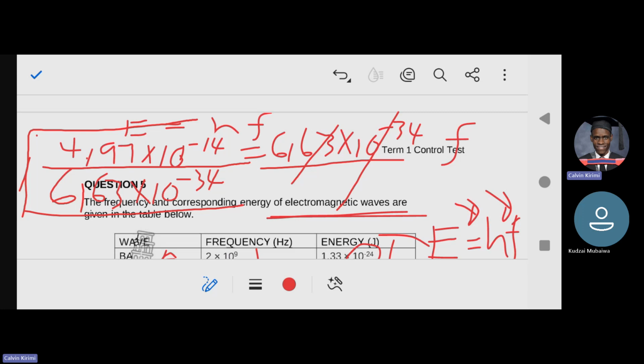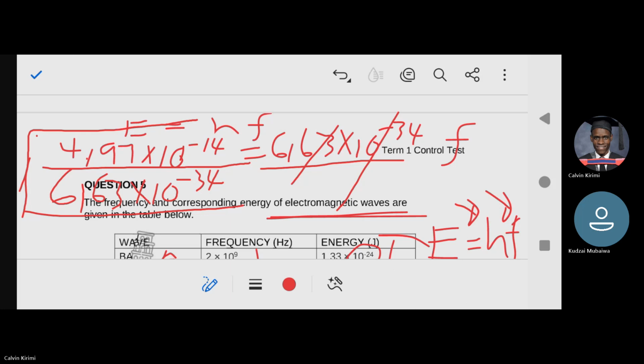Tell me what is your answer. What are you getting as frequency?